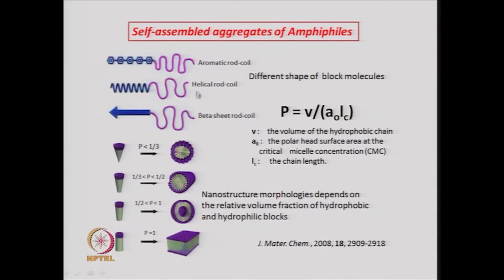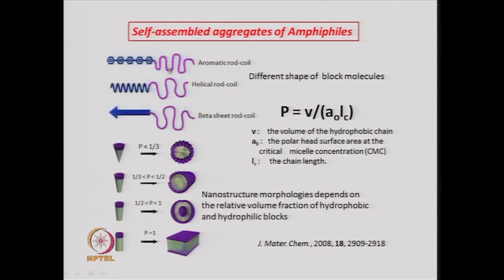Now, we can call them block molecules, and these block molecules have different shapes, and there is something called a packing factor, which is related to the volume of the hydrophobic chain.